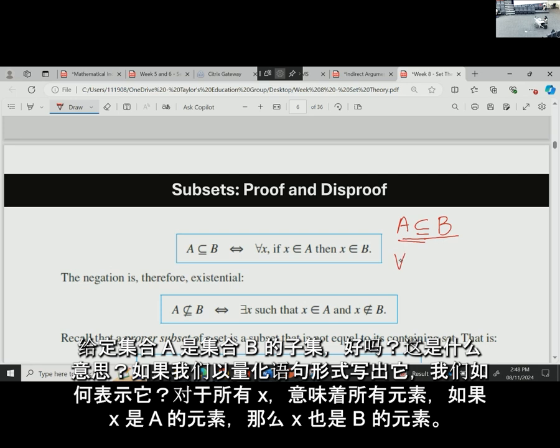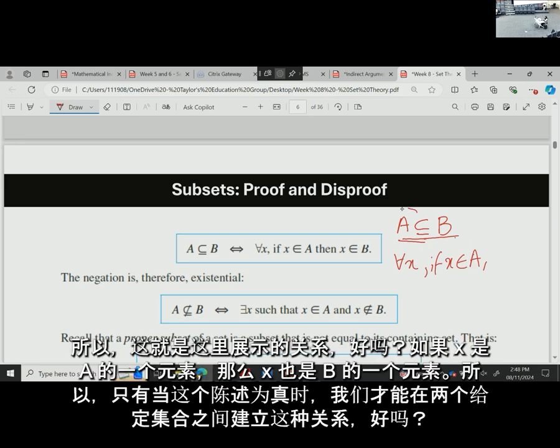For all x, if x is an element of A, then x is also an element of B. So only when this statement is true can we establish this relationship between two given sets.